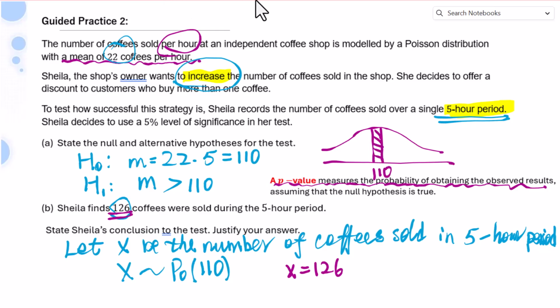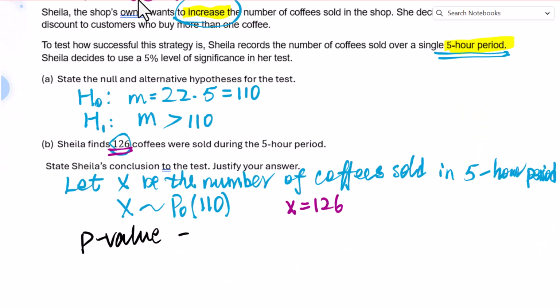The observed result is 126. X greater than or equal to 126 will be the p-value, which means the p-value equals the probability of X greater than or equal to 126.